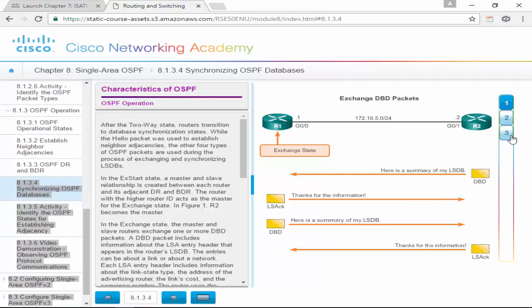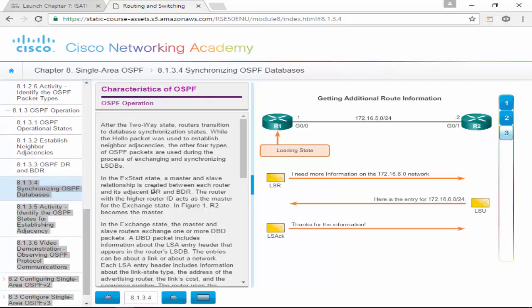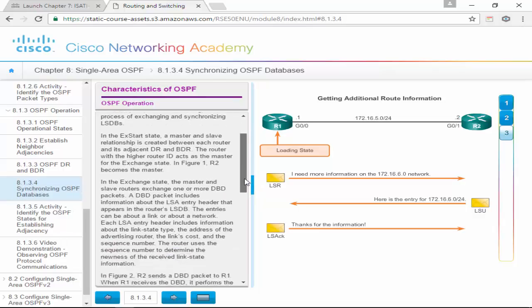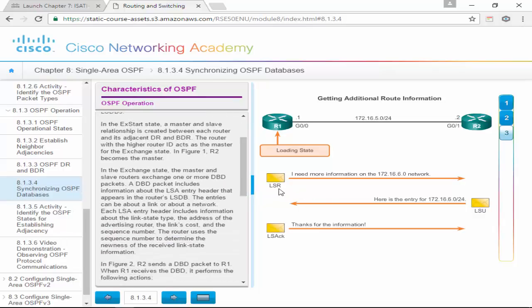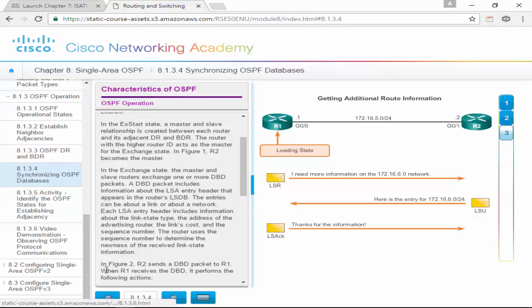And so that's what we're seeing here. They check them. If they need more information, like this one, they send a link state request. The DR sent back a link state update and then acknowledged getting that information, because if it didn't, then it would have to keep going over that.